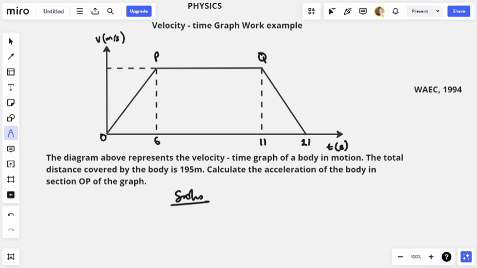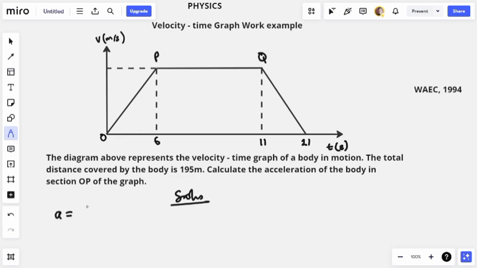Of course, we know that this section of the graph, OP, represents acceleration. Then PQ represents zero acceleration or constant velocity. Then Q to N represents deceleration, that's negative acceleration. So we have to find the acceleration OP. The slope of this inclined side of the graph represents acceleration.